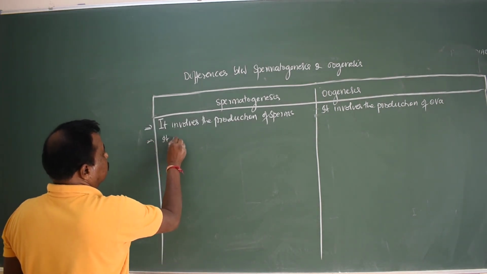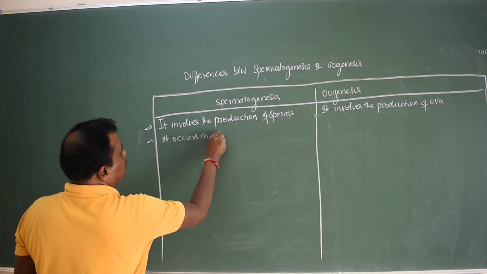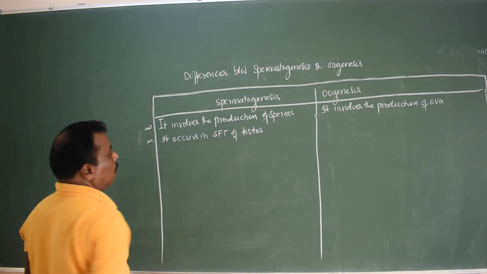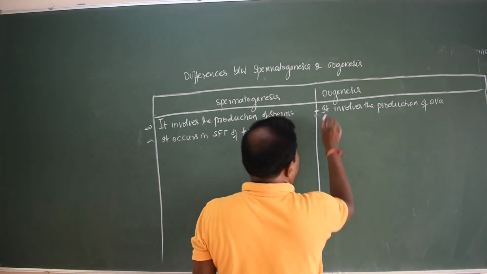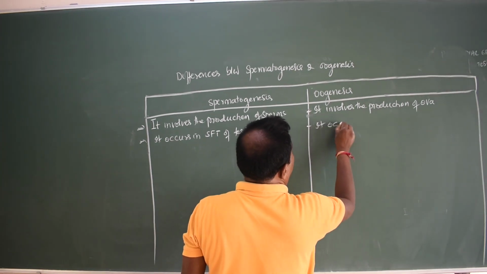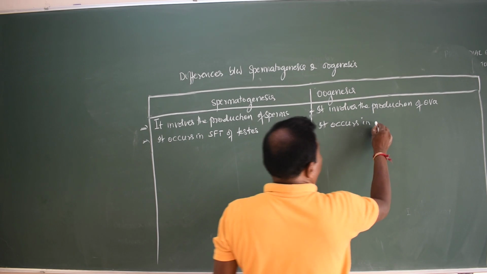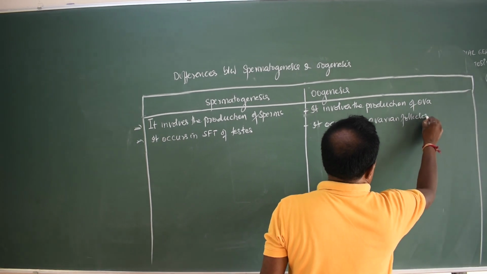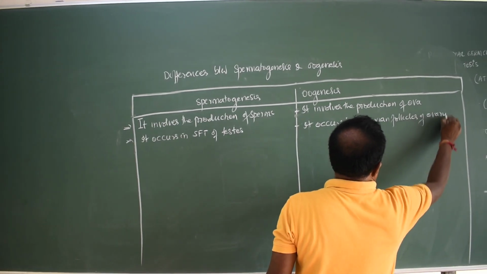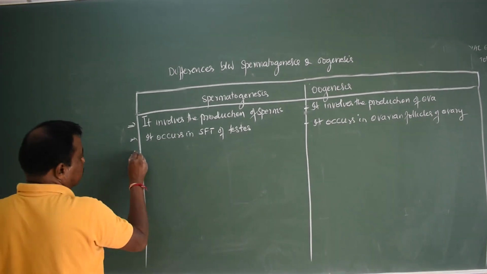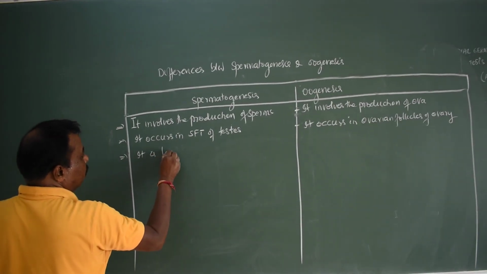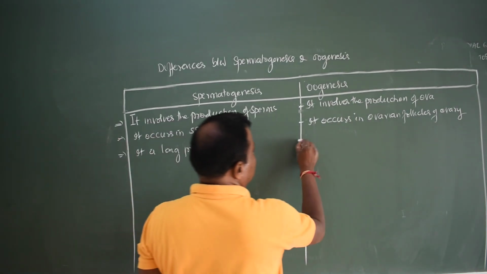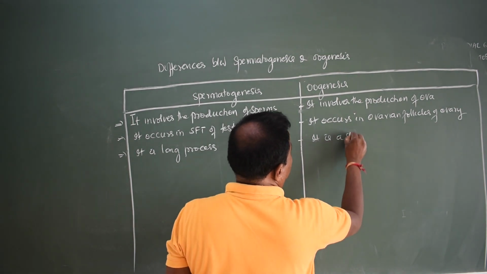Spermatogenesis occurs in the seminiferous tubules of the testes, and oogenesis occurs in the ovarian follicles of the ovary. Spermatogenesis is a long process, whereas oogenesis is a short process.